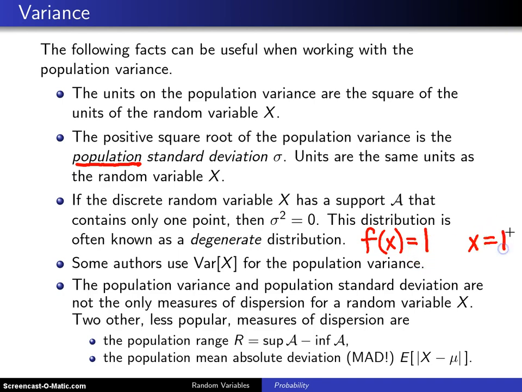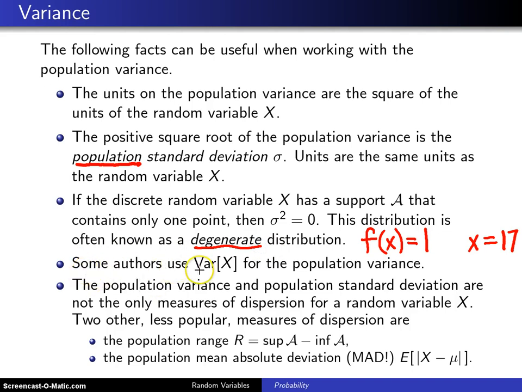Let me just make up 17 as that point. This is a distribution that can only assume the value 17. The only thing the random variable can do is be 17, which means all of its mass is at 17, and what that means is the population standard deviation is 0. This distribution is known as a degenerate distribution.